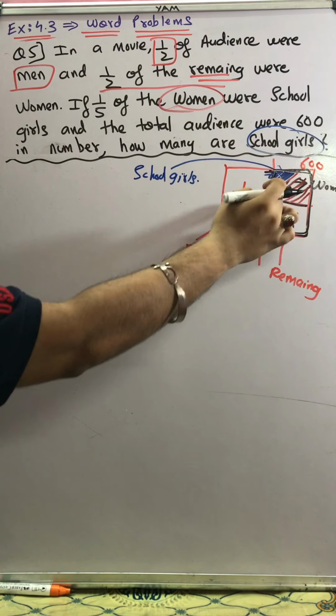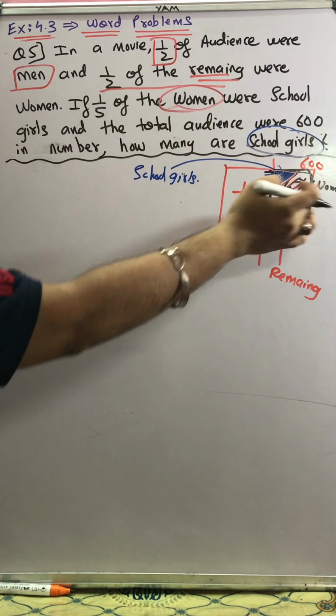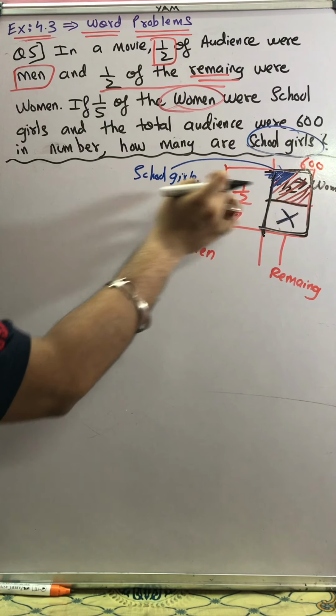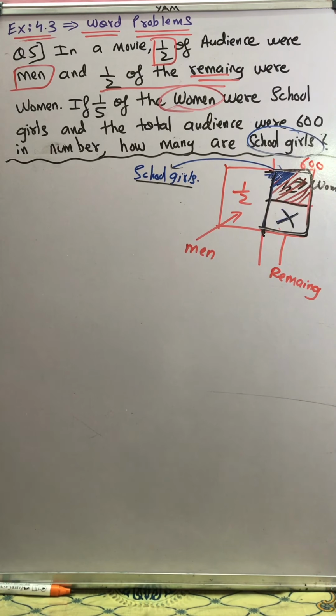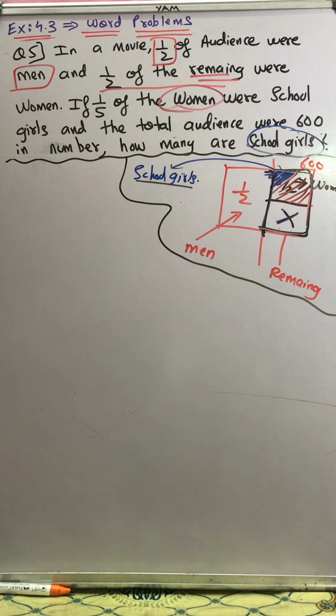But of the remaining, half are purely women, and from the women, 1/5 of this part belongs to schoolgirls. We need to find the exact number of schoolgirls. Understood the story? Now the question is very simple. Just pay attention on the board. Okay, let's start with the solution now.